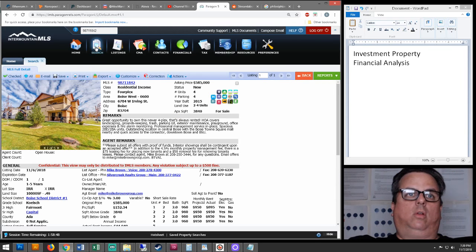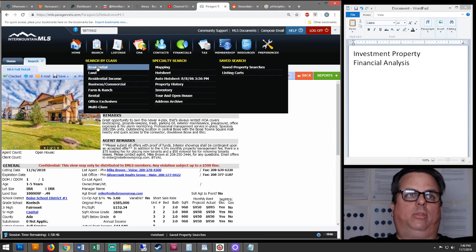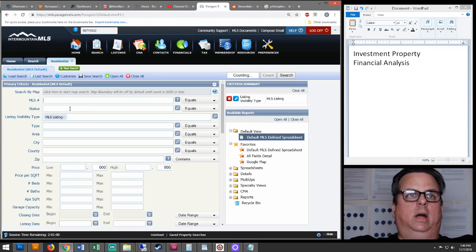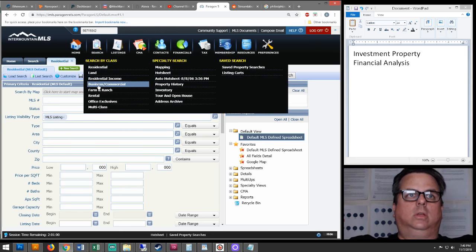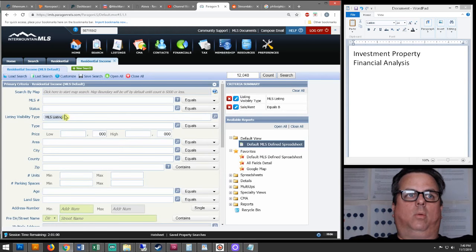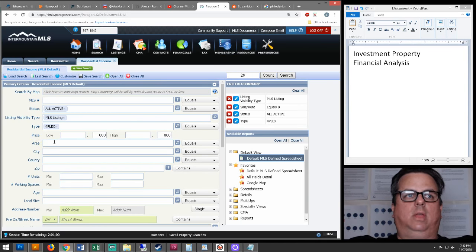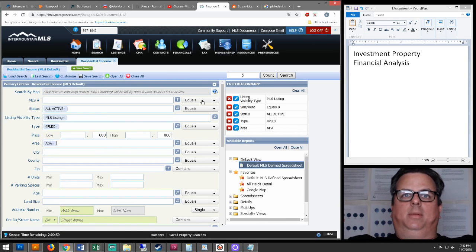So let's do a quick search here, kind of a reality check. Search residential income, then status active, then type fourplex, and we'll do area Ada County. Yeah, there's only 5 fourplexes in Ada County.